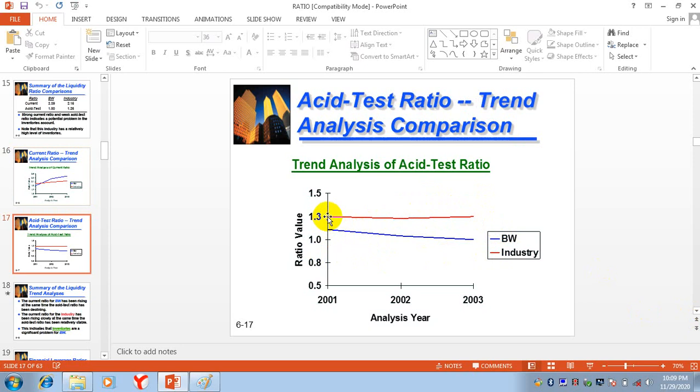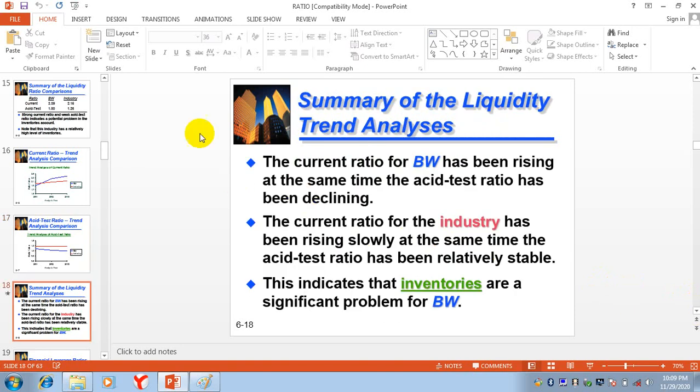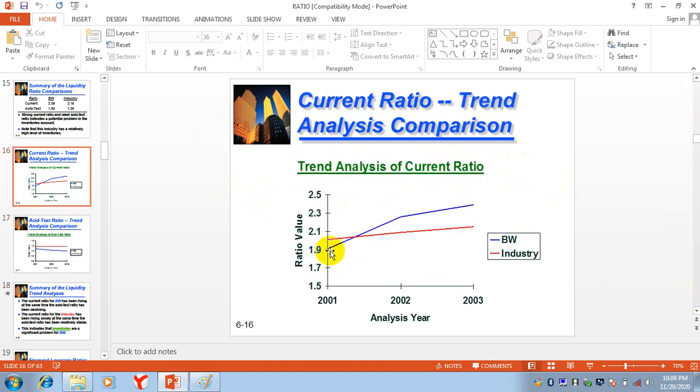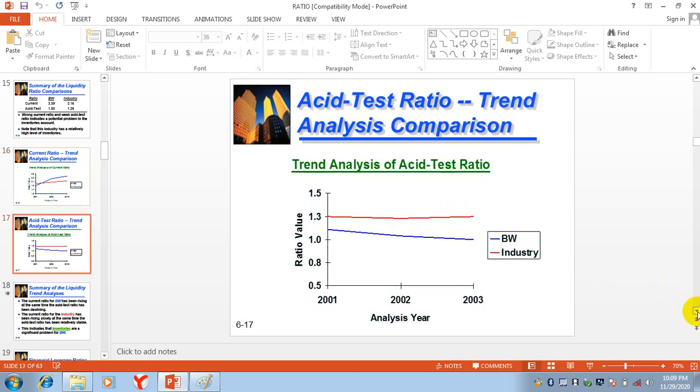In the quick ratio, the industry is above and we are below the industry average. The current ratio for Basket Wonders has been rising. At the same time, the acid test ratio has been declining. So I told you that the current ratio is going up. See, from 1.9 it goes to 2.39, but the quick ratio is going down.